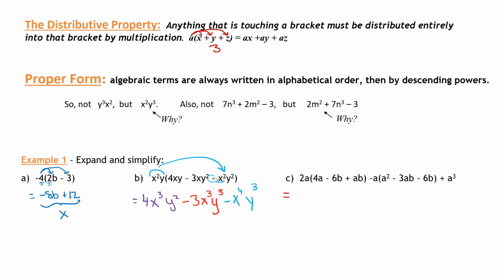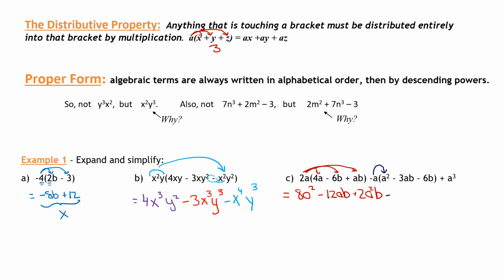Okay, I'm distributing here. 2 times 4 gives me an 8a squared. That's these two. Keep going. Minus 12ab, alphabetical, the a goes before the b. And then plus 2a squared b. Now this negative a, yes, it's a negative a. The negative sign comes in with it.